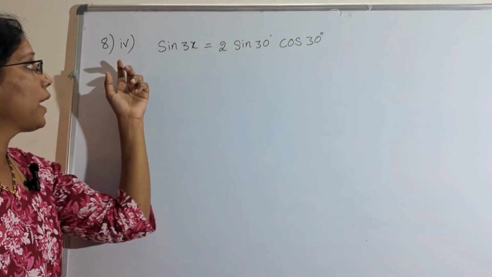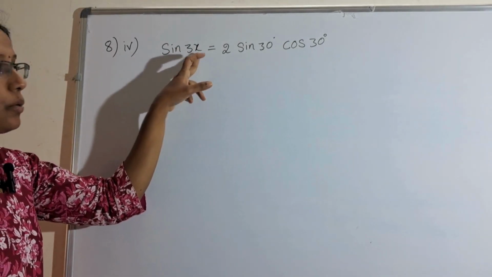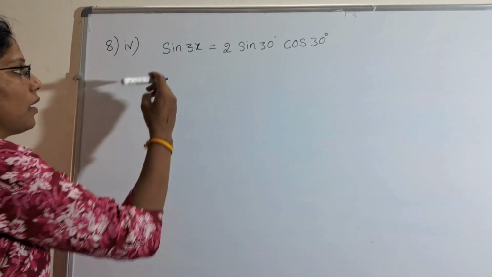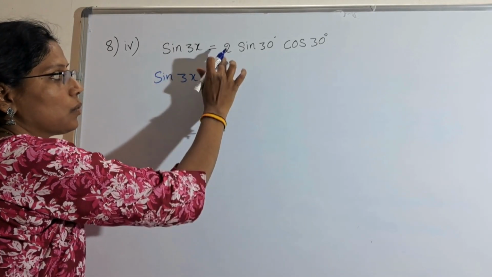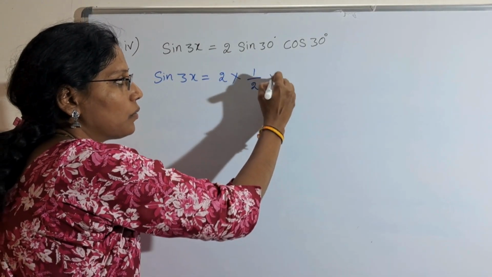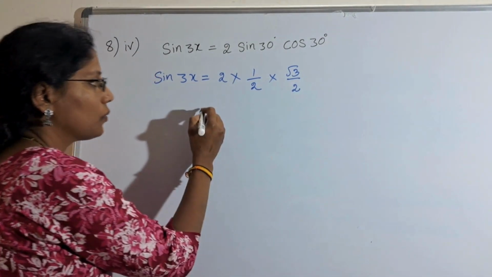Next problem, 8th main, 4th problem. In this problem we have to find the value of x. Here we substitute the values of sin 30 and cos 30. Sin 3x is equal to 2 into sin 30 degrees, 1 by 2, into cos 30 degrees, root 3 by 2.